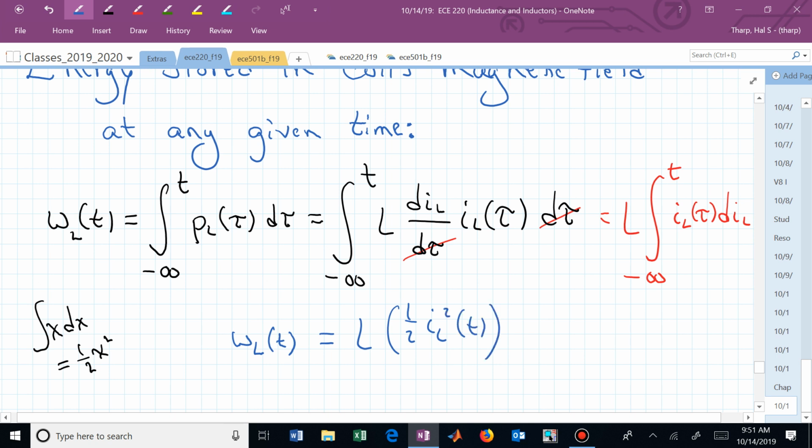And we're assuming that at minus infinity the current was 0. So now we know that the energy of our inductor is 1/2 L i sub L squared of t.